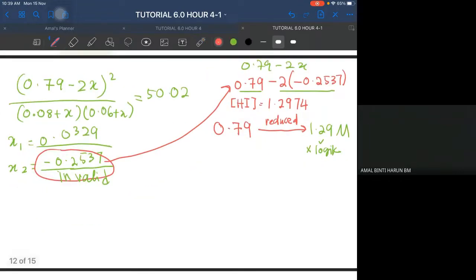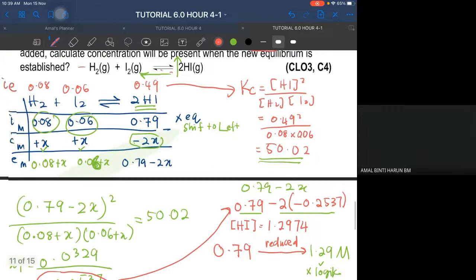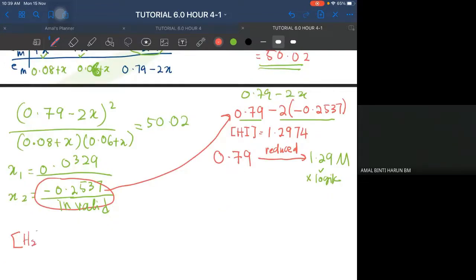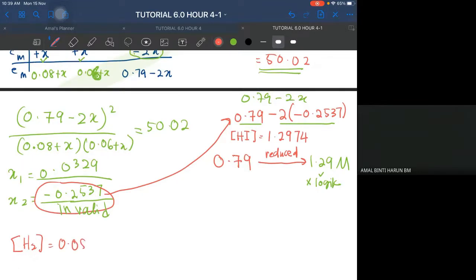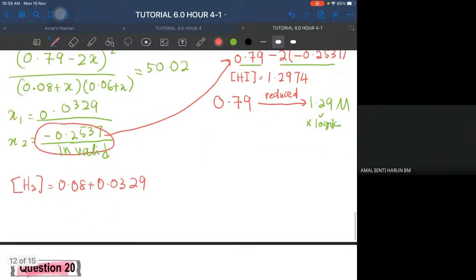So finally, the concentration of H2 is 0.08 plus X dia, 0.0329. Concentration I2 0.06 plus 0.0329.